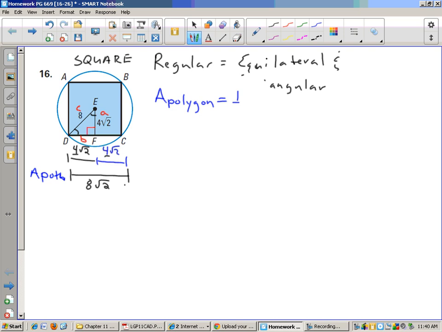Yeah, 1/2 perimeter times apothem. What was the apothem in this problem? Yeah, it was this blue line. That's our apothem right here.